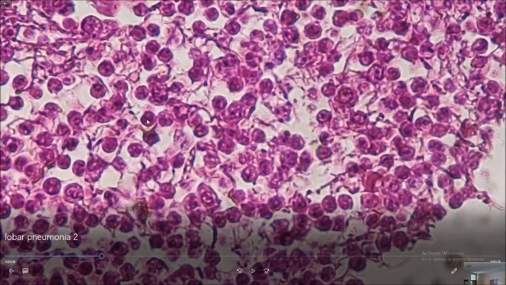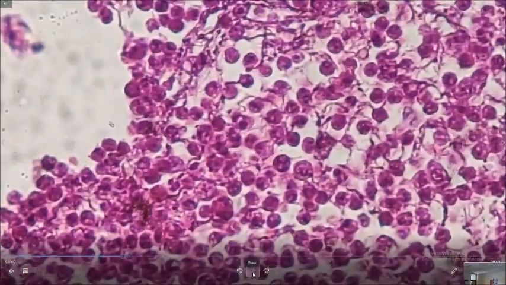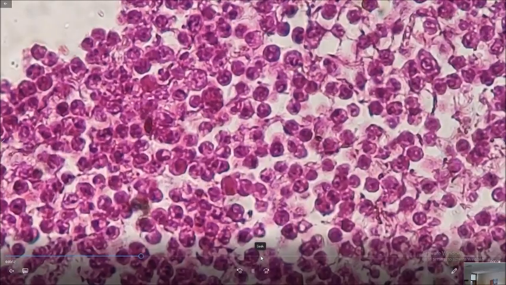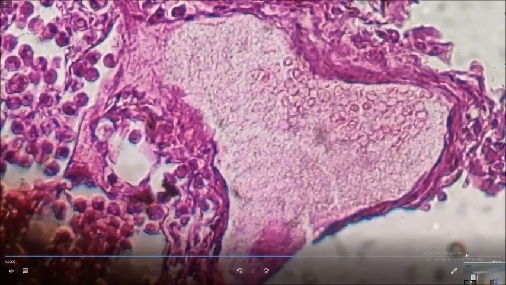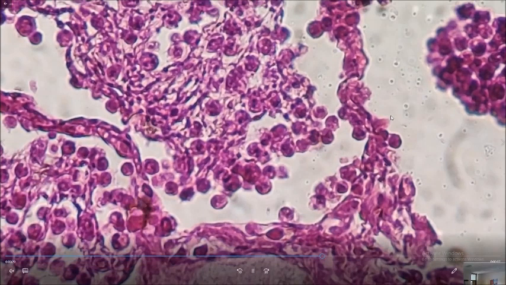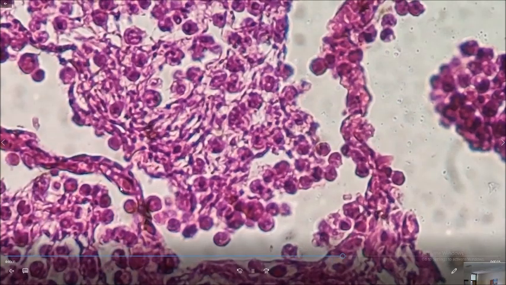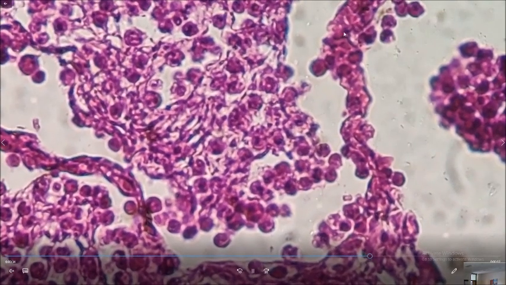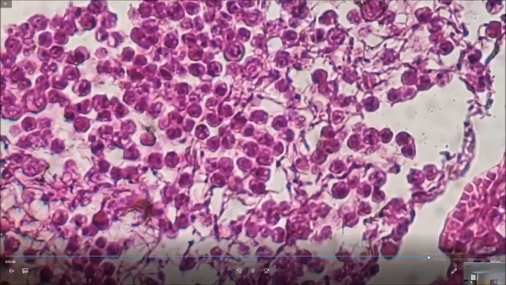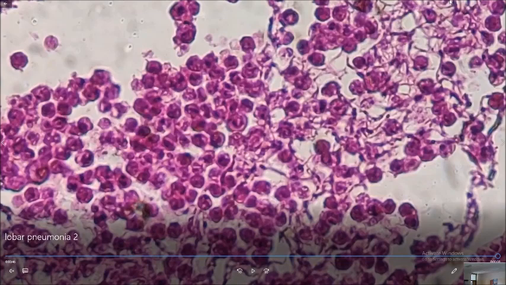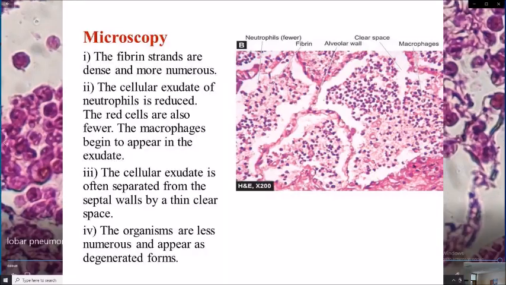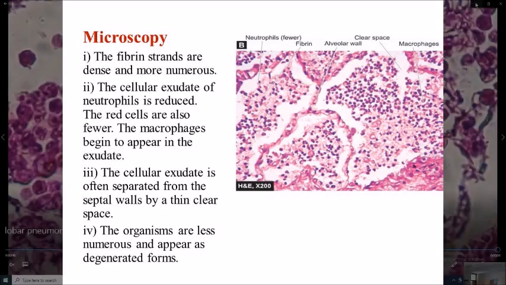I'm just trying to show you the exudate along with the fibrin strands. Neutrophils were so well seen in acute appendicitis, right? This is a large vessel. Look at the lining of the alveolar wall, the cells. Okay, so this is about microscopy of lobar pneumonia.